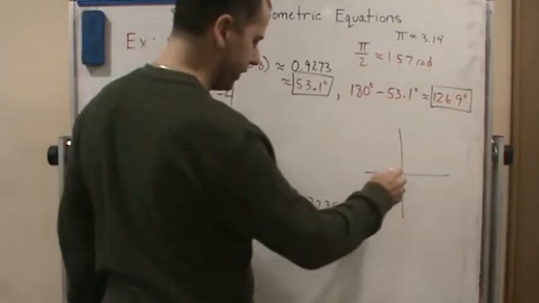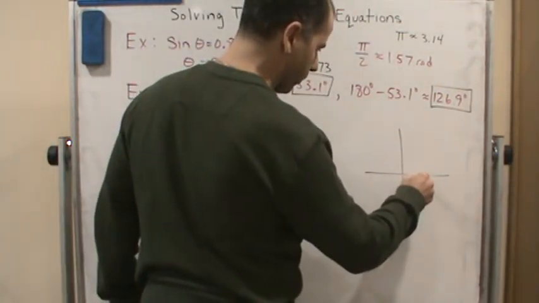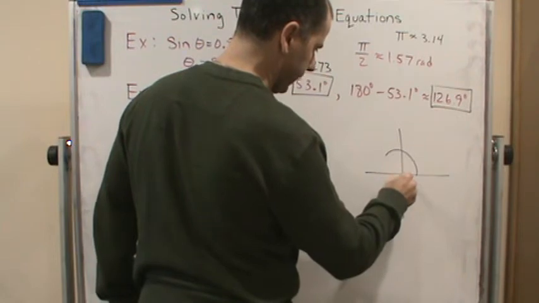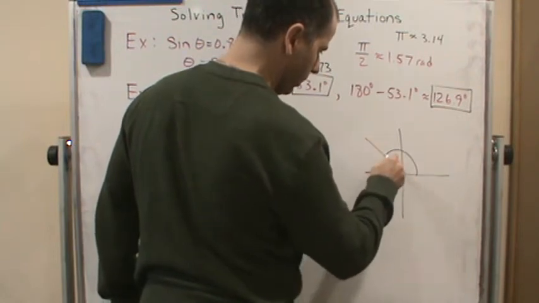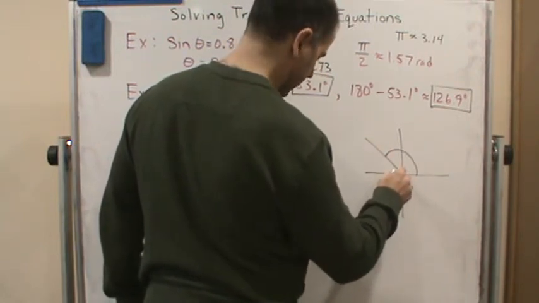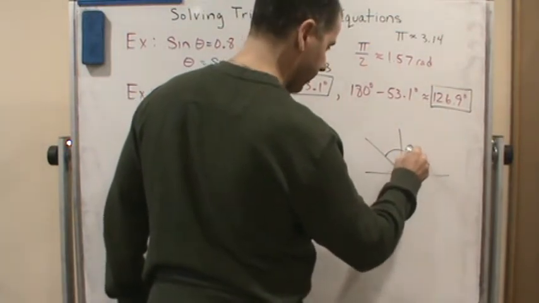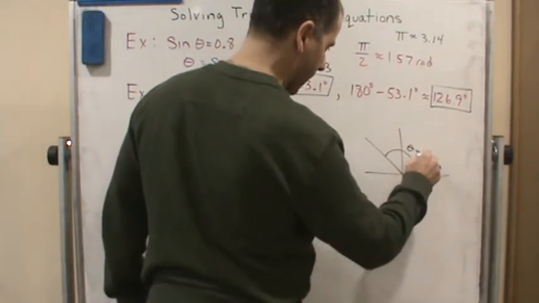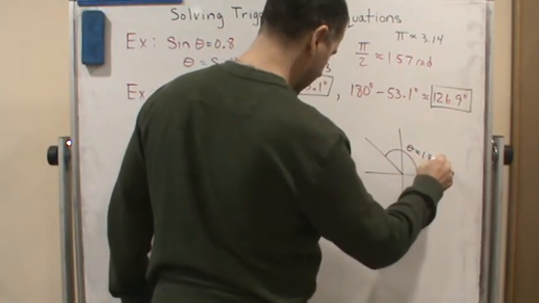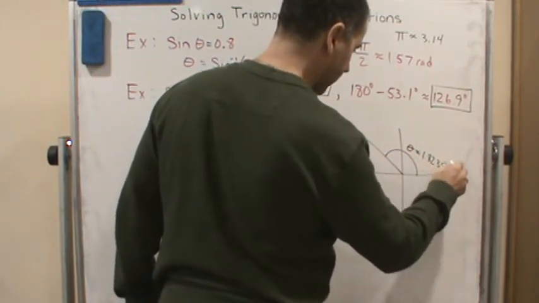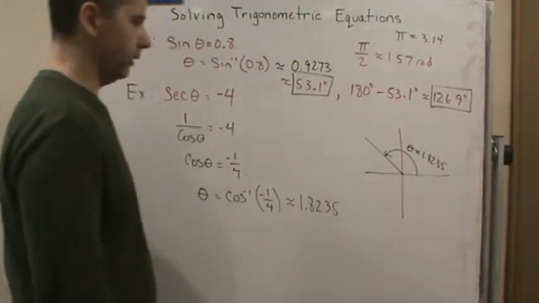This is in radians, so we know we're in the second quadrant, so we know that we're somewhere over here, right? So this is theta. And so theta is approximately equal to 1.8235. So that's our angle, okay?